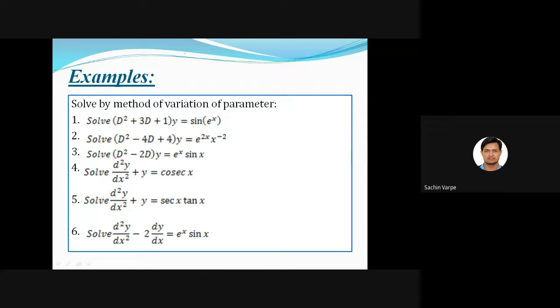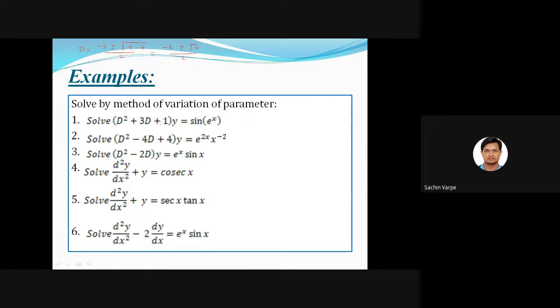If I use the discriminant method or the quadratic formula, then D equals minus b plus minus square root of b square minus 4ac upon 2, that is 9 minus 4. So the roots are not imaginary actually. So minus 3 plus minus root 5 upon 2.